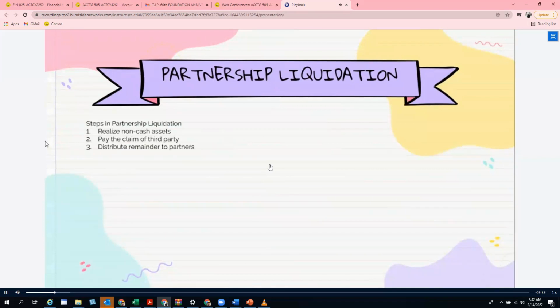If you watch the recorded discussion on partnership formation, that's where they agree. For example, we partners A, B, and C agree to pool 100,000 as total capitalization and then split the profit equally. In partnership accounting, we simply follow whatever the agreement between the partners is.